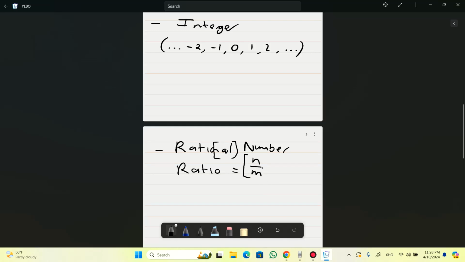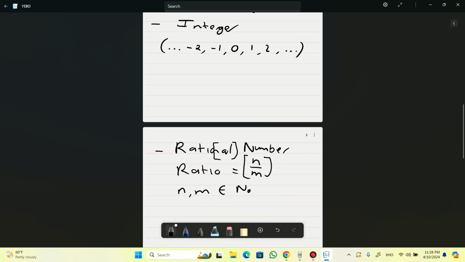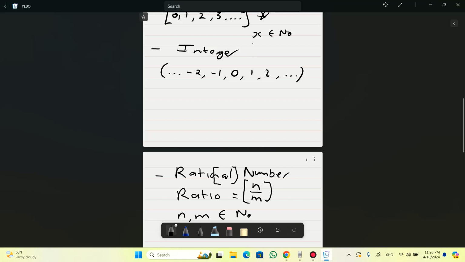This is what we call a rational number, where n and m are both elements of the integers. An integer is denoted as the capital letter Z, right?